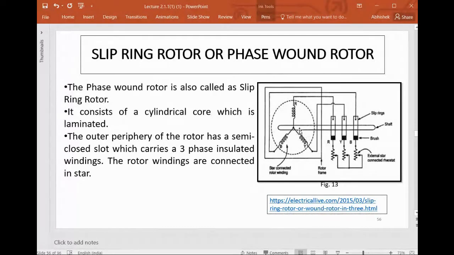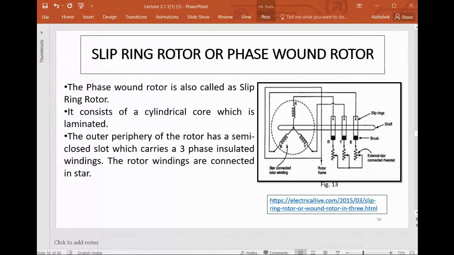The three-phase supply you have provided right here is to be connected with the slip rings. One phase is connected right here, the second phase right here, and the third phase right here. These slip rings are to be connected with some external resistances.